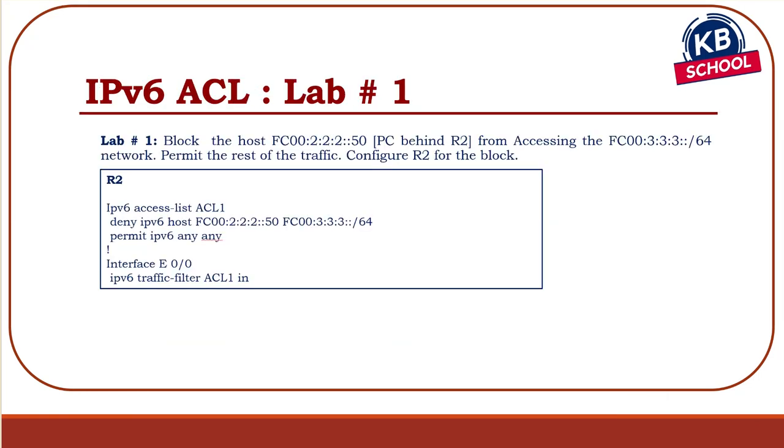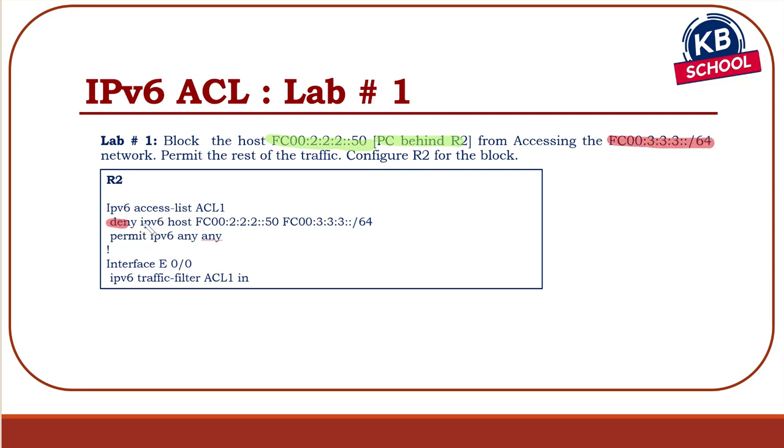My first ACL over here blocked the host FC00:2:2:2:50. That is the host behind R2, this guy over here. I want to block that from accessing the entire 3 network.